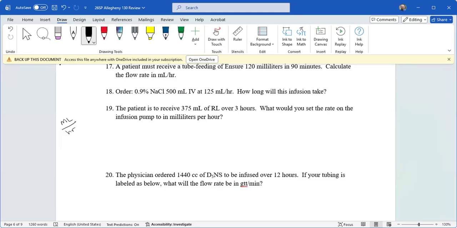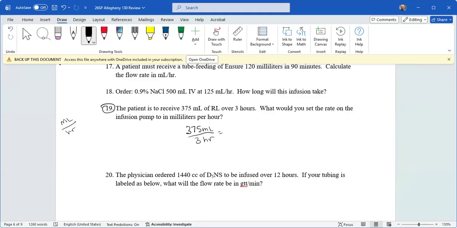So a lot of times this question, believe it or not, number 19, gets missed because students are looking for something to do math-wise when all you have to do is set the volume over the time. And as soon as you do that and you see this, you go, oh, okay, I think I know what to do with that.